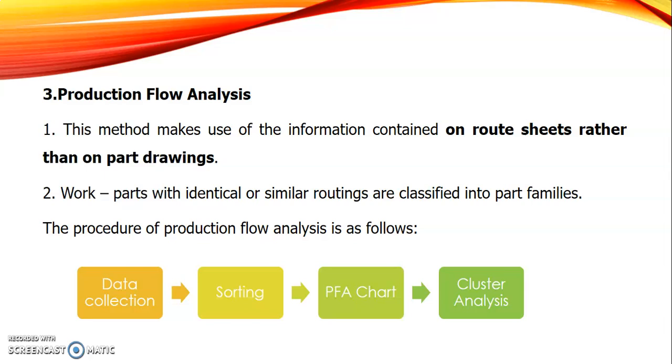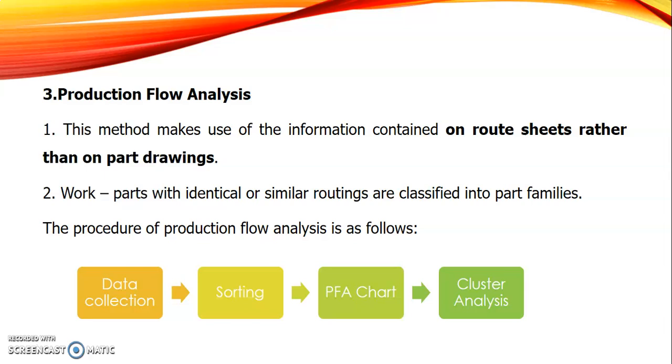And the next process is the production flow analysis chart. PFA is also known as the part-machine incidence matrix. Parts are identified using alphabets along rows i. Machines are identified by numbers along columns j. Using the formula, Xij equals 1 in the matrix entries.